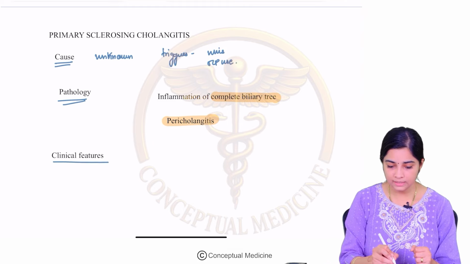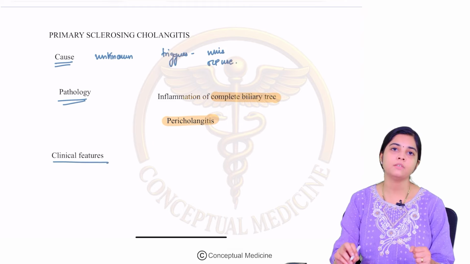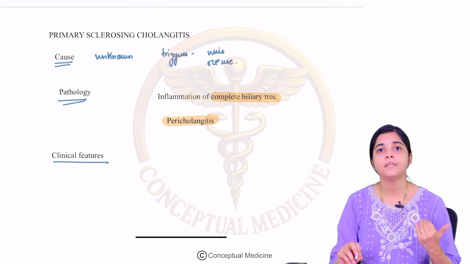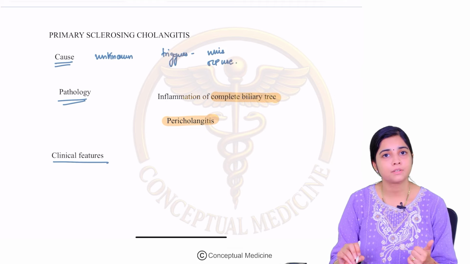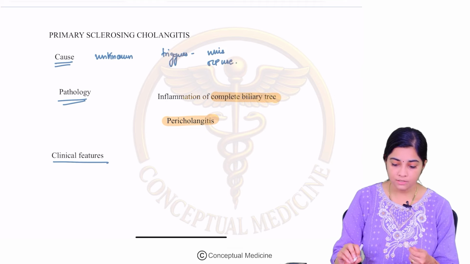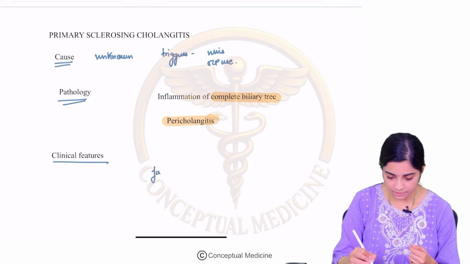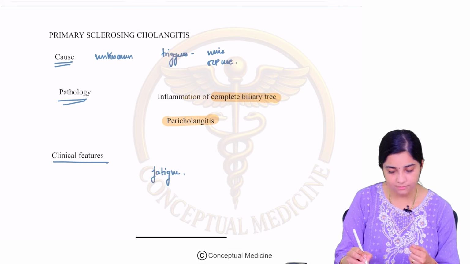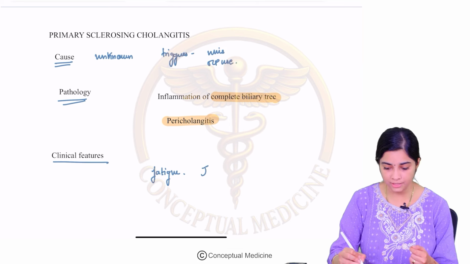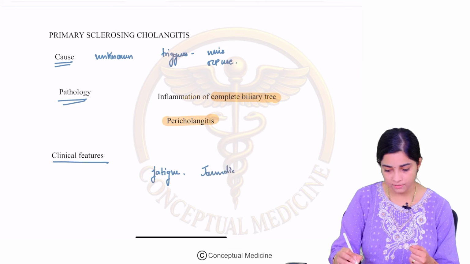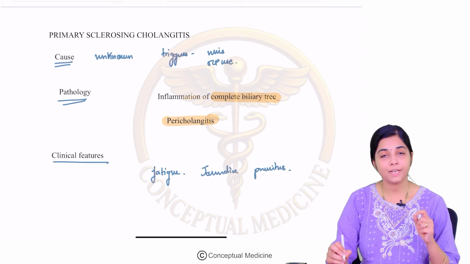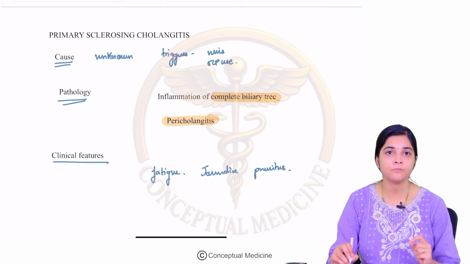Now, what are the clinical features of primary sclerosing cholangitis? It is very similar to primary biliary cirrhosis, right? So, this is also associated with the predominant symptom of fatigue. You can have fatigue, you can have jaundice, you can have pruritus.